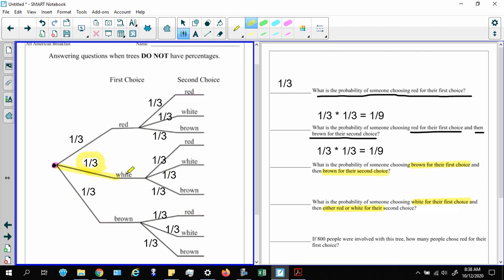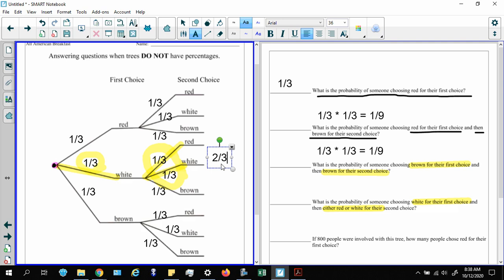But then this is where it gets a little challenging: either red or white. Because both of these two choices are what we're looking for, one or the other, this actually makes this fraction 2 out of 3, because there are two roads that we could take out of 3.